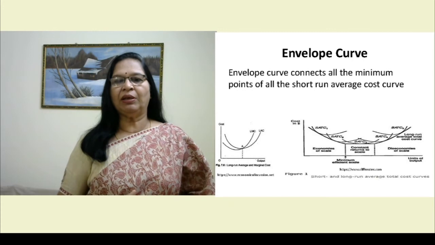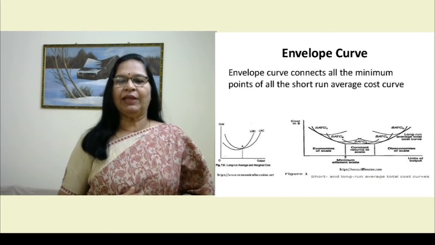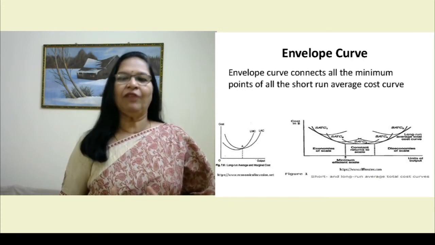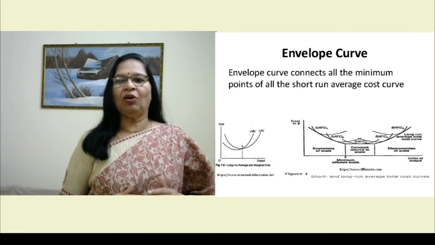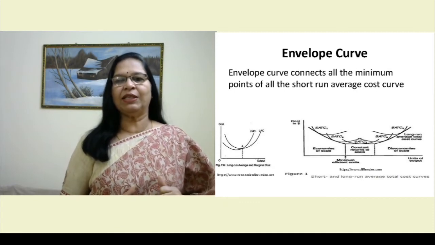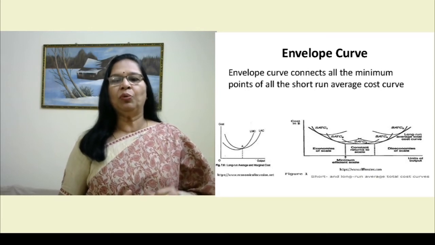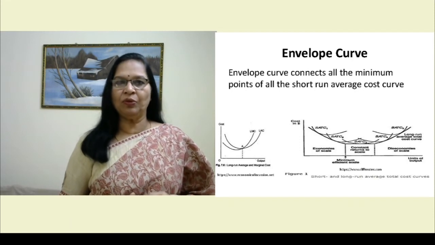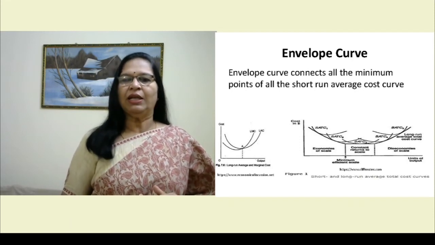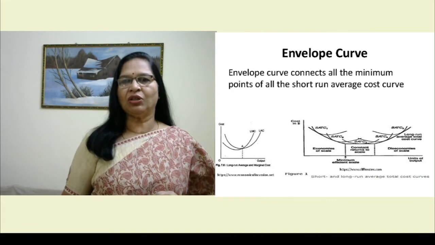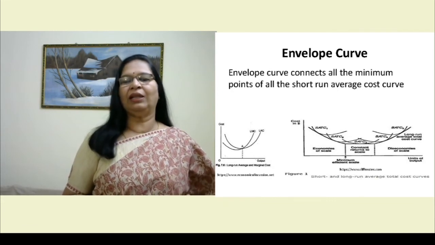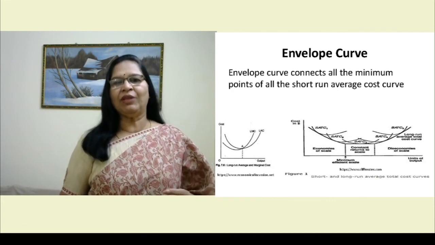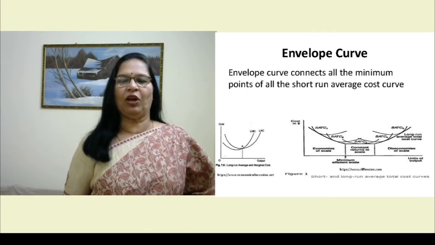Now on the other panel you can see there are 5 short run cost curves, and on the left hand side you can see short run cost curve 1 and short run cost curve 2, both indicating that the firm is experiencing increasing returns to scale or decreasing cost. That is why short run cost curve 2 is lower than the first one, indicating that the cost of production is falling. Then we have the constant returns to scale.